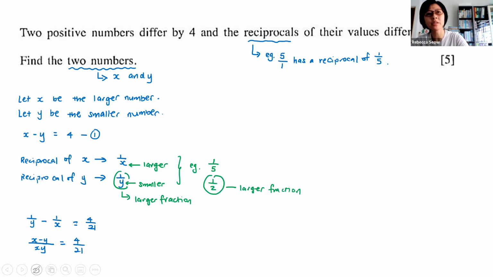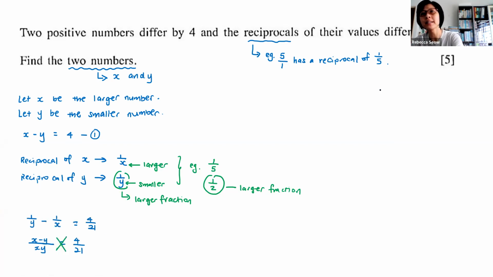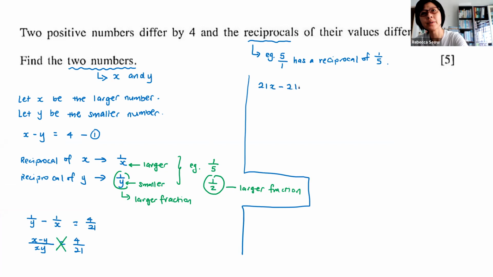At this point, I'm going to use cross multiplication. After cross multiplying, we get 21x minus 21y equals 4xy. This will be our equation 2.